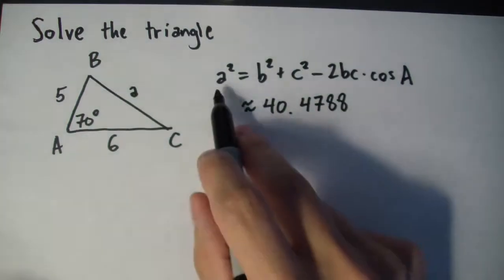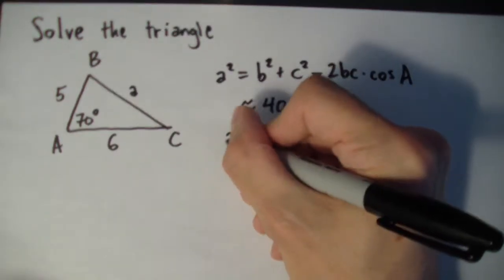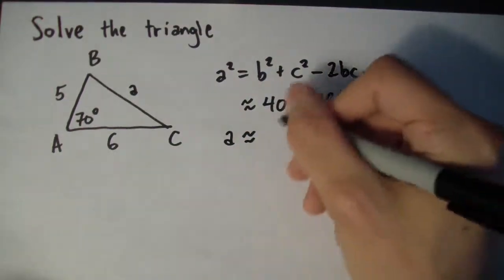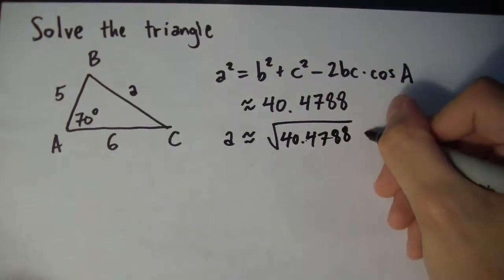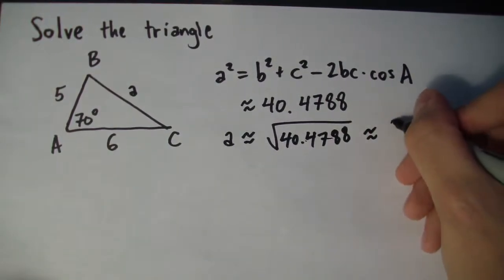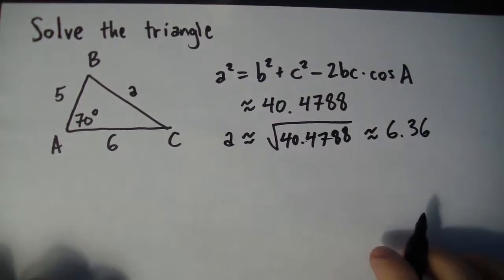I kept some extra digits because I'm about to take the square root. So A is approximately the square root of 40.4788, and that comes out to be approximately 6.36.